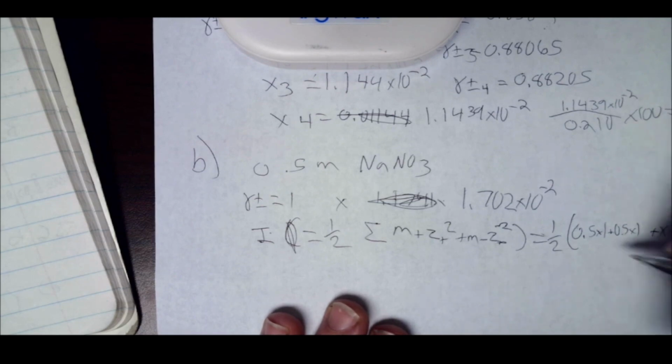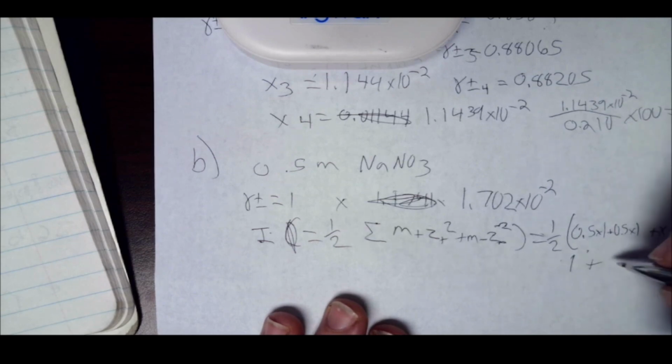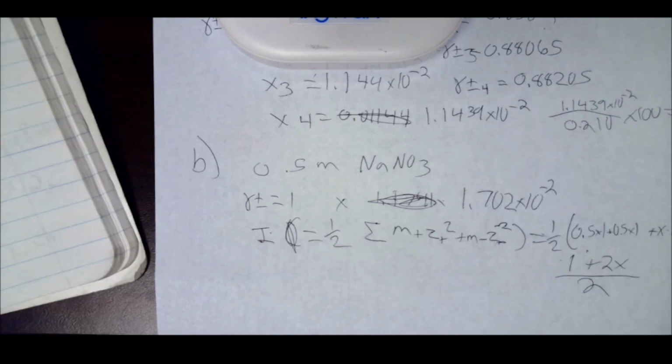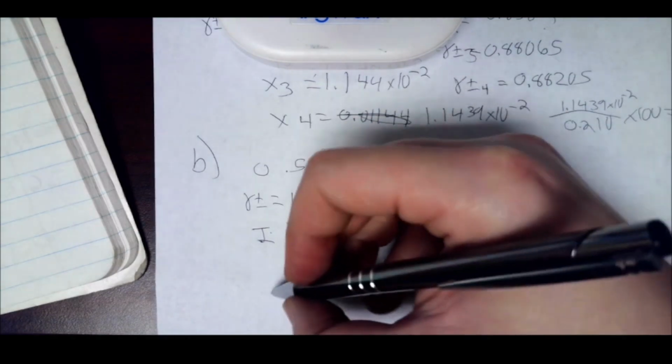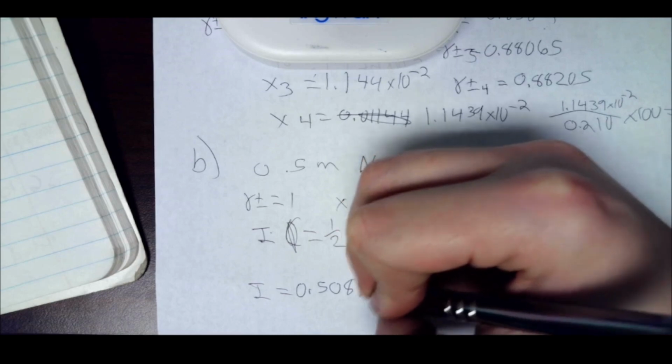Essentially, it becomes 1 plus 2x over 2, which is 1 plus 1.702 times 10 to the negative second, divided by 2. So I has now become 0.50851.